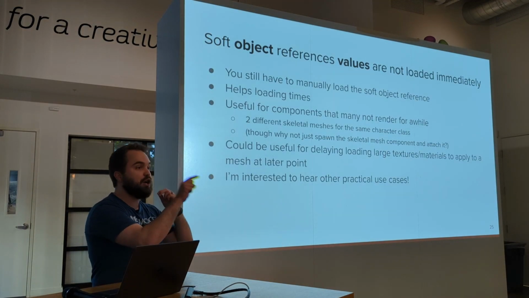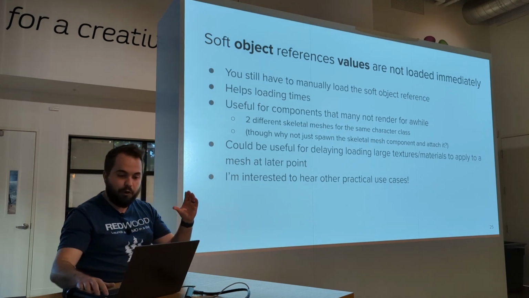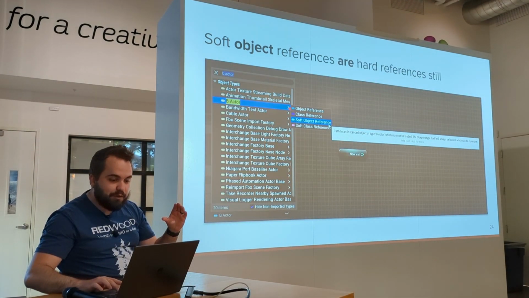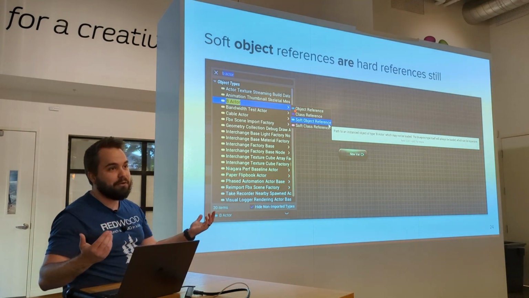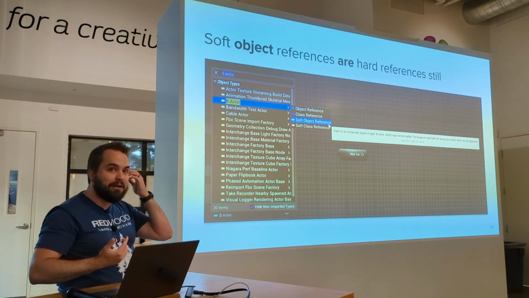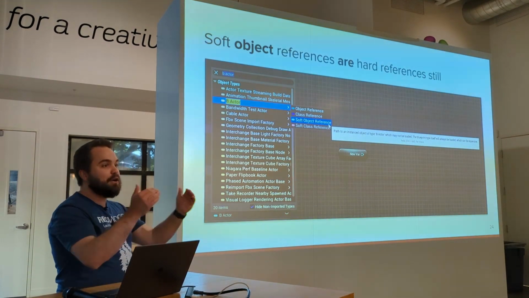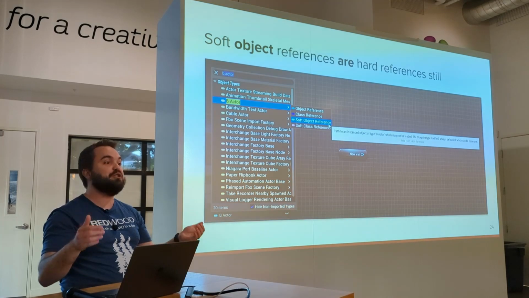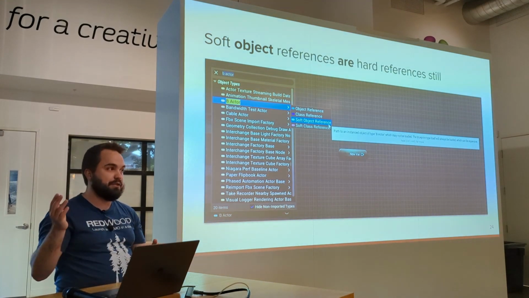And if you used a normal object reference, they're both teal. The darker teal one, which is the default, you would make a hard reference to both materials, and both materials would get loaded immediately. Whereas a soft object means you can defer it.